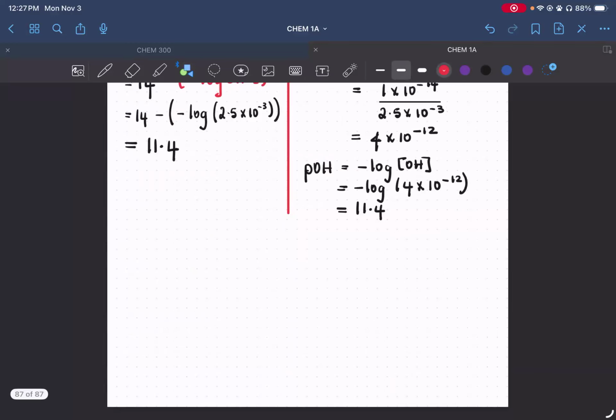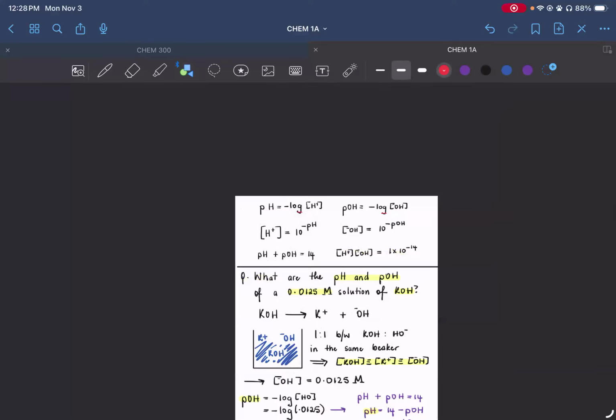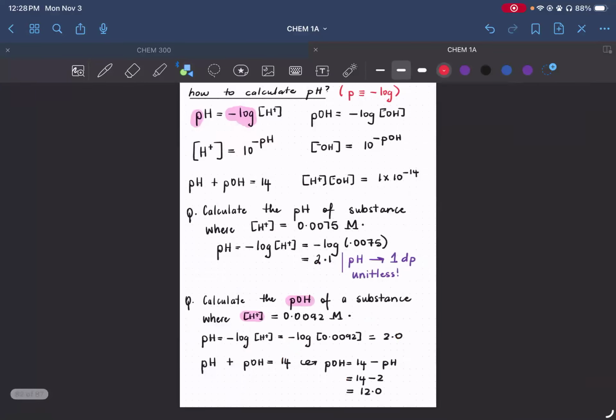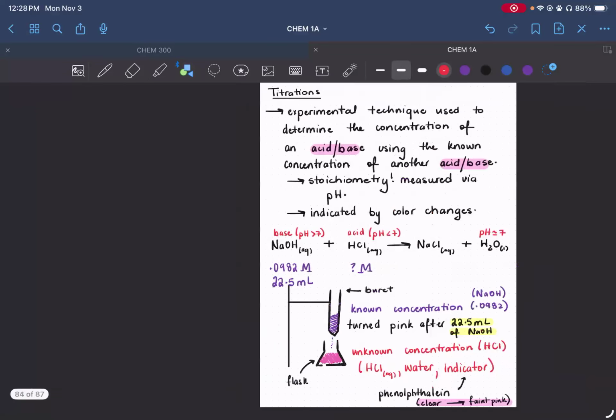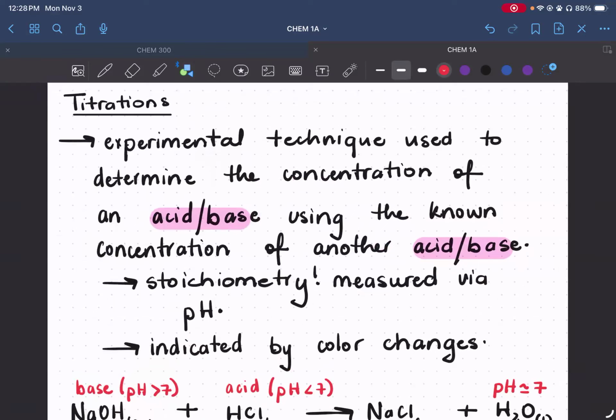So this part has been more or less a quick recap of last week's material. After we went over the basics of pH, POH, and their calculations, we then turned our attention to a concept known as titrations. Now that you all have had in-person experience with a titration, this should make a little bit more sense to you now as we go through it.